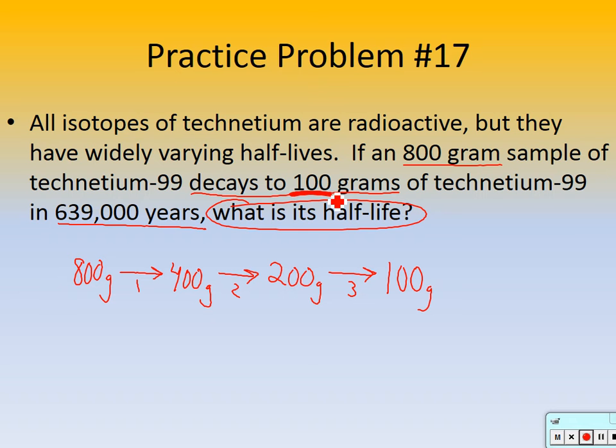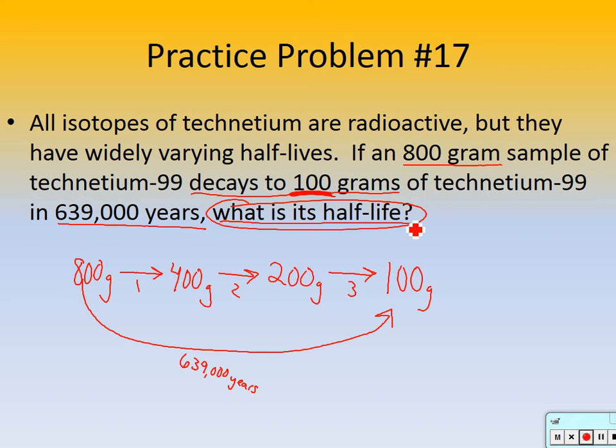Well, it also said this whole process, going from 800 all the way to decaying to 100 grams, took how long? 639,000 years. But pay close attention, it says, what is its half-life? So we want one half-life.